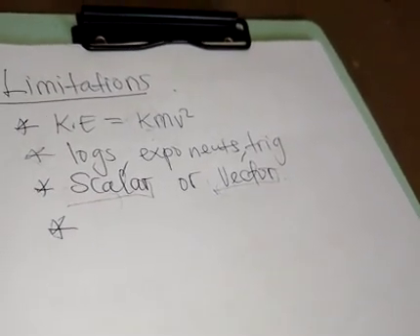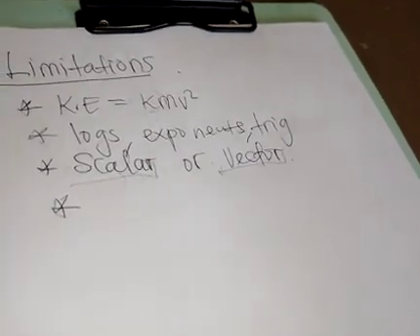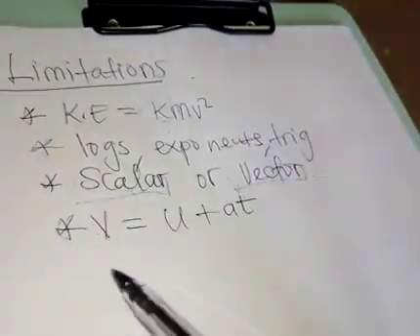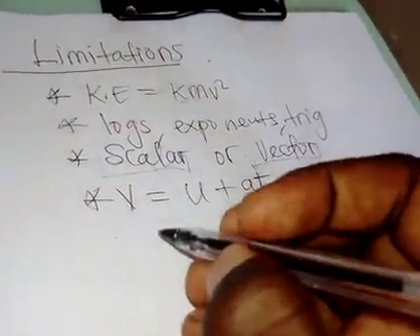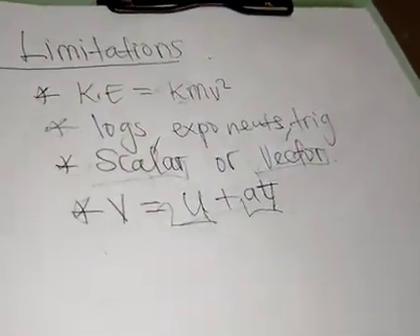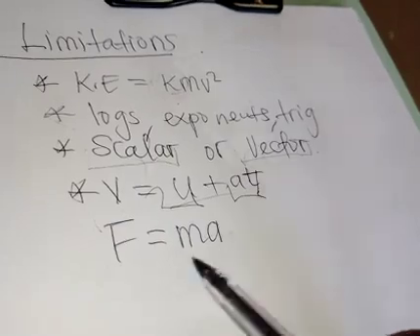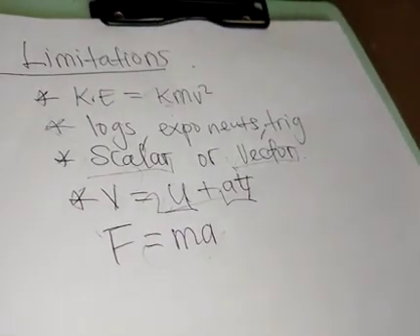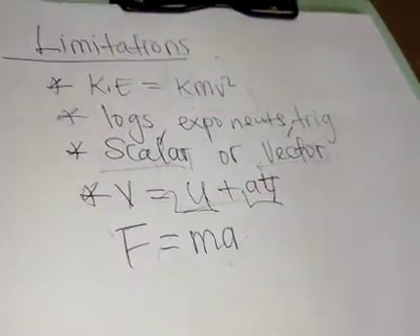The other limitation is that dimensional analysis can't derive equations with more than one part. For example, this same equation v equals u plus at has a first part and a second part, so dimensional analysis can't be used to derive it. But an equation such as F equals ma only has one part, so it can be derived using dimensional analysis.